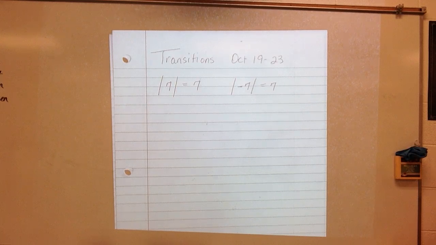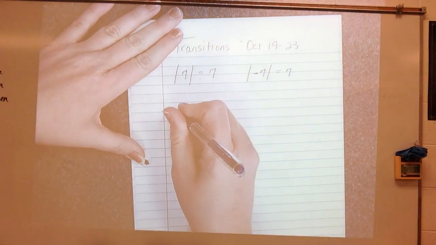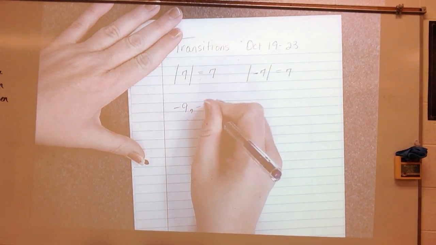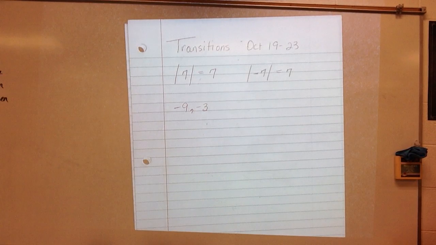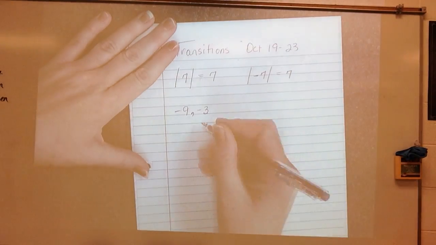Alright, so let's talk about how to find the distance between given numbers. Let's say that I have negative 9 and negative 3. My goal is to figure out the distance between those numbers. Well, I can do a couple of different things.